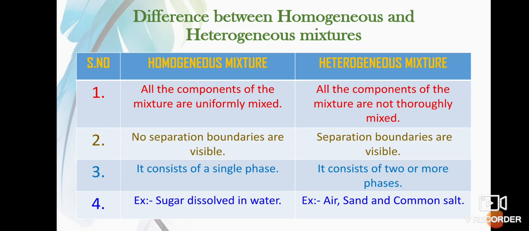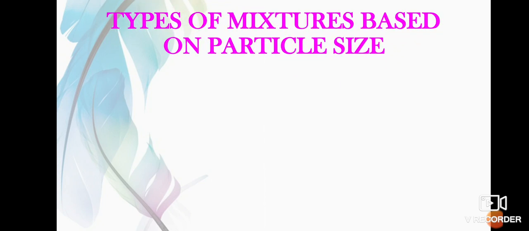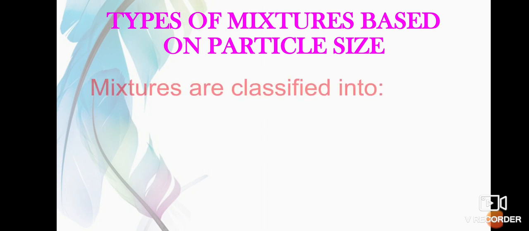Okay, students. Next is types of mixtures based on particle size. Not only homogeneous and heterogeneous, there are some more types of mixtures based on their particle size. Let us discuss them.